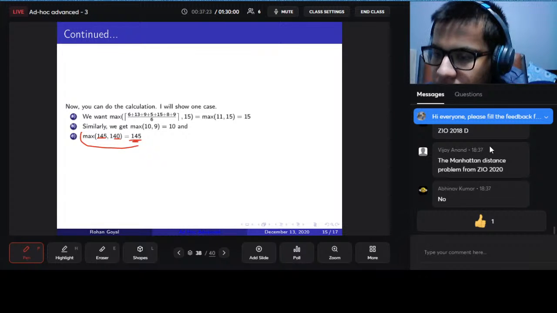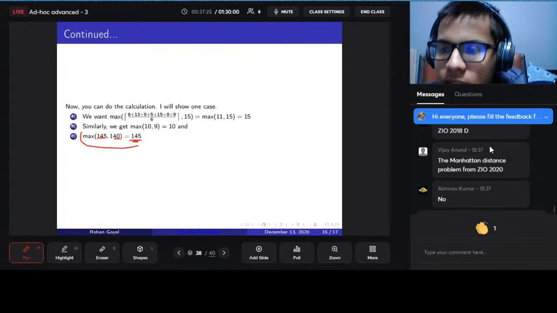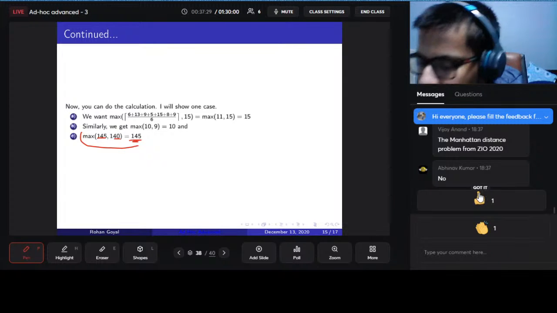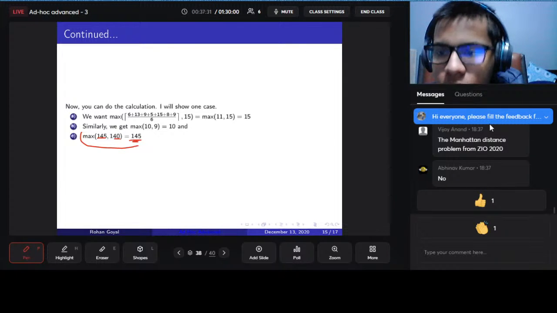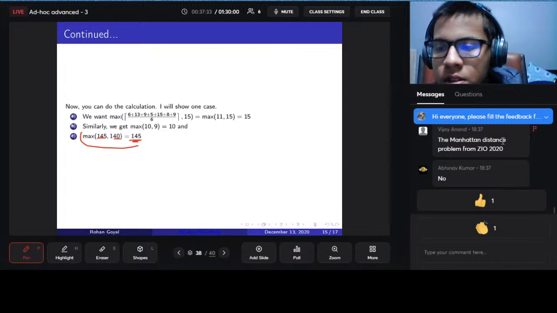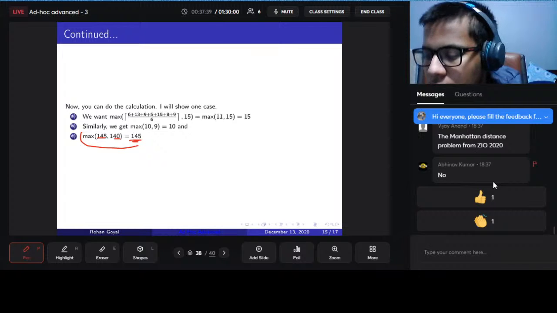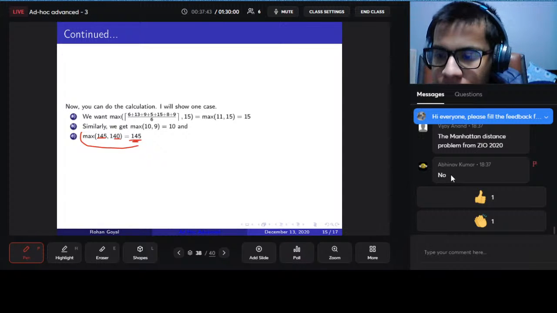I discussed it in one of the sessions I conducted, but there's no way to do this other than brute force. Sadly, the only way to do this is brute force. So I don't think there's really much I can do to help you in this. Anything else, something that has not been done yet?